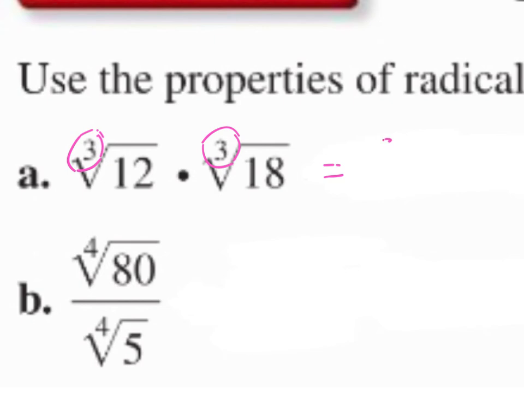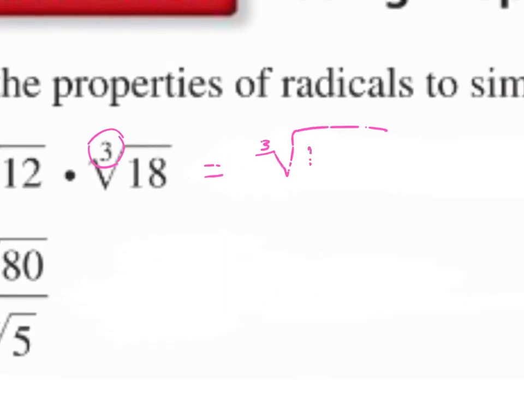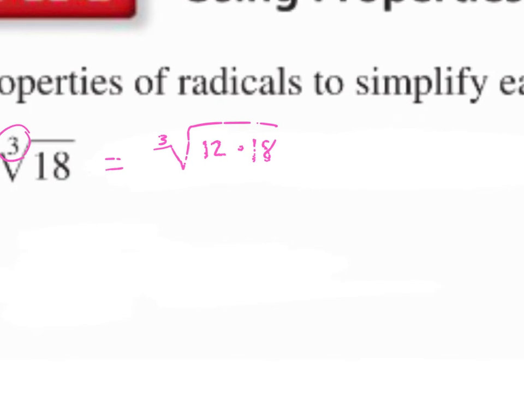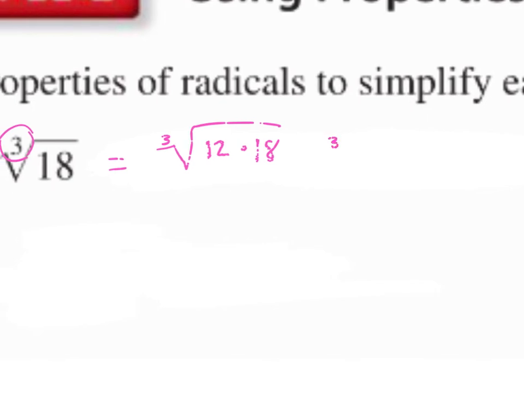We can multiply them. So we combine them together under one radical, and it is going to be 12 times 18. What is 12 times 18? 216.